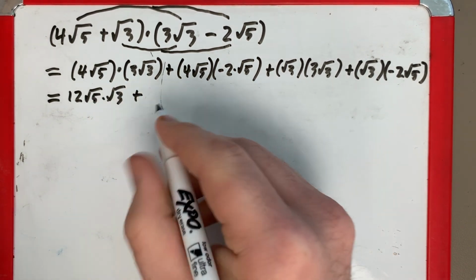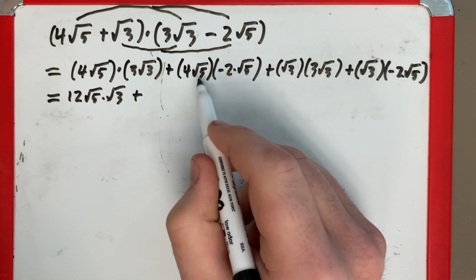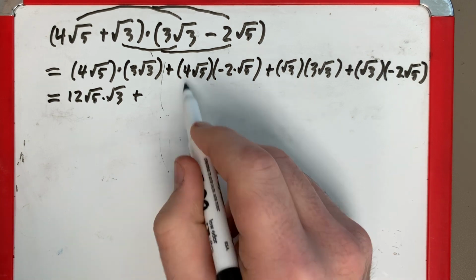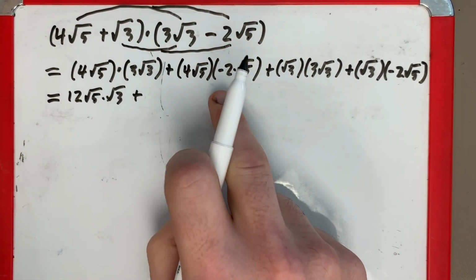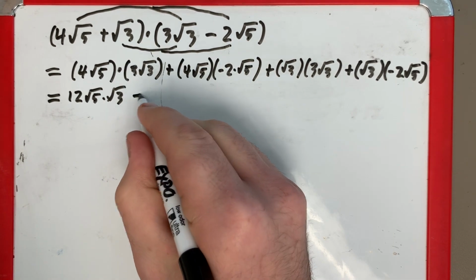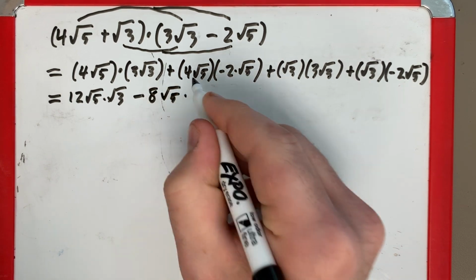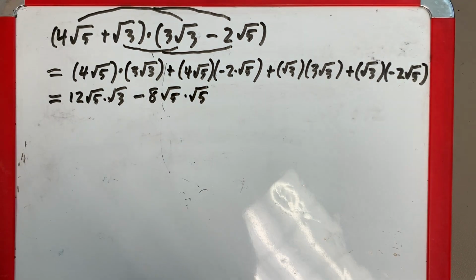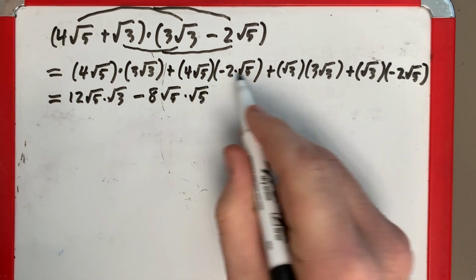The second term, we have 4 times minus 2 times root 5 times root 5. We can change up the order of multiplication because multiplication is commutative. So since I have a minus 2 here and a plus 4 here, this plus is actually supposed to be a minus. So we have minus 8 root 5 times root 5. Okay? And now we're done with this term.